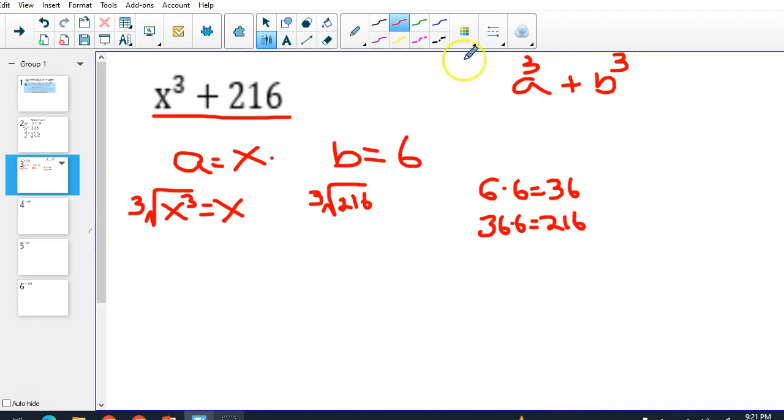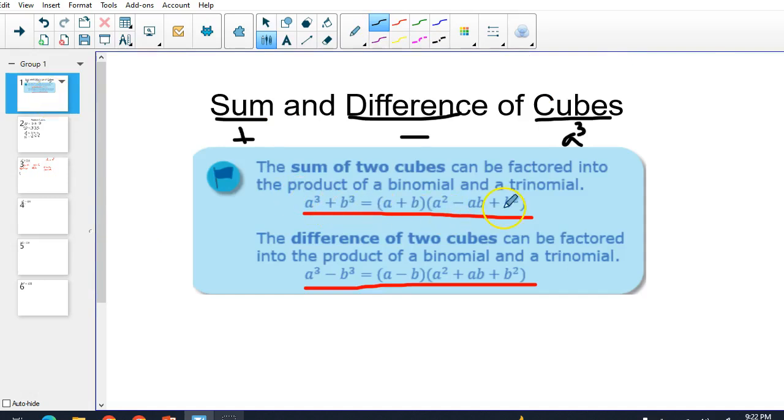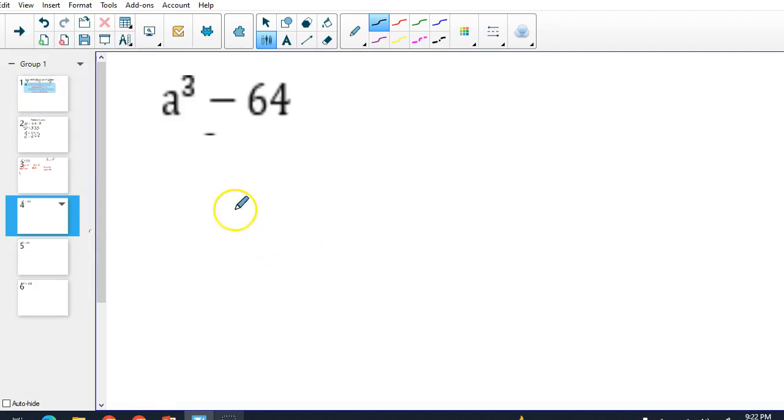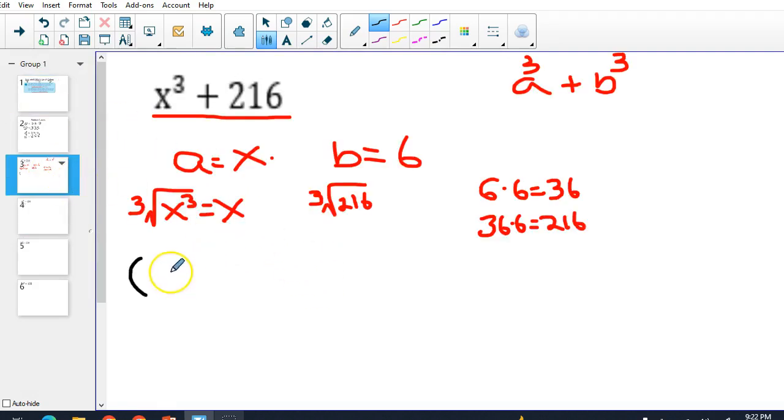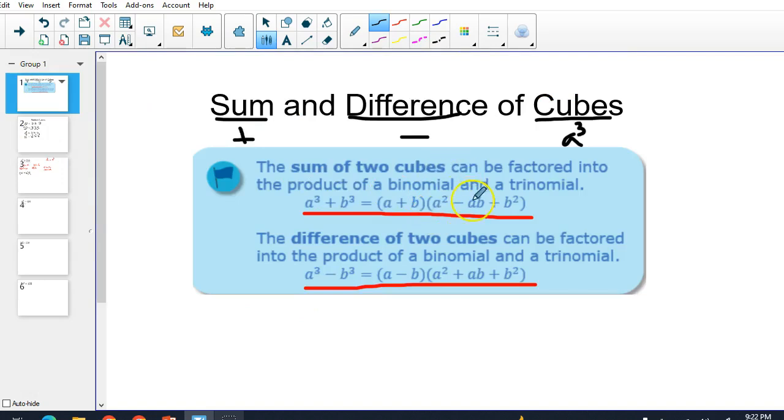Alright, so we have our a, and we have our b, and we have a sum of cubic terms. So we're going to be plugging this into our formula. Go back and look. It's our sum formula. So a plus b. Oh, wrong one. Our a term was x, our b term was 6. So (x plus 6) times a squared minus ab plus b squared.